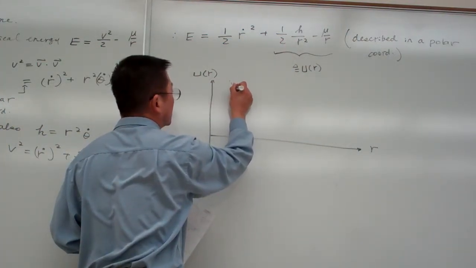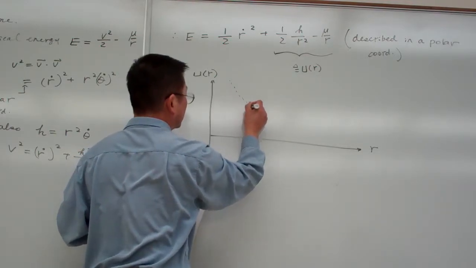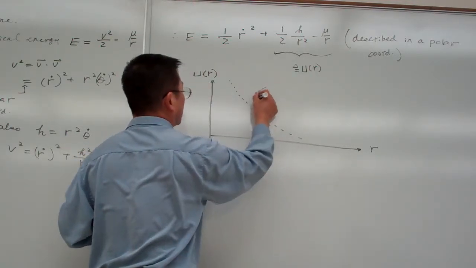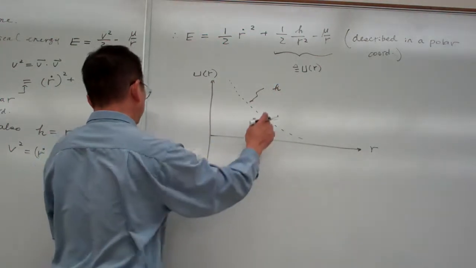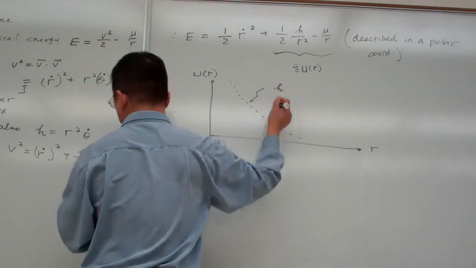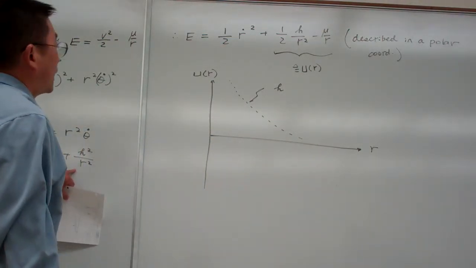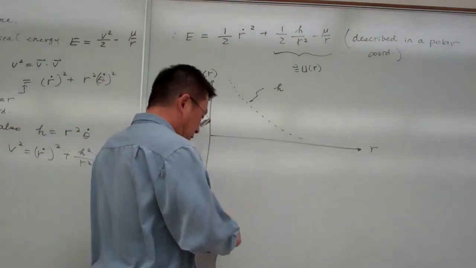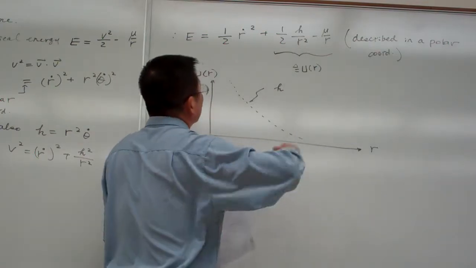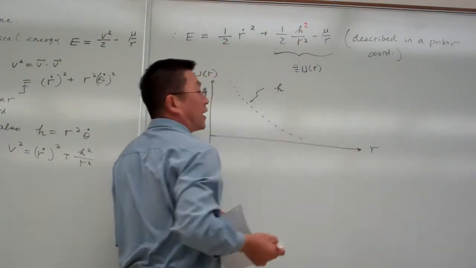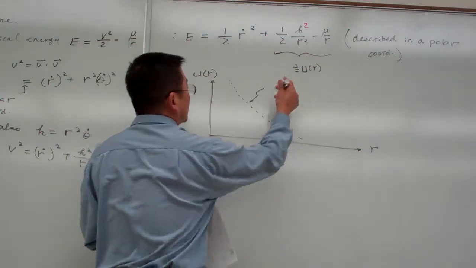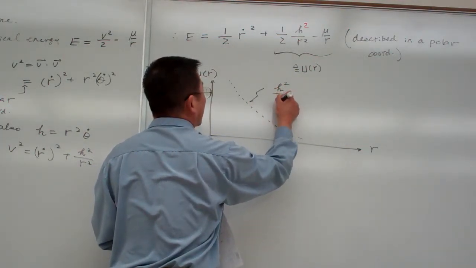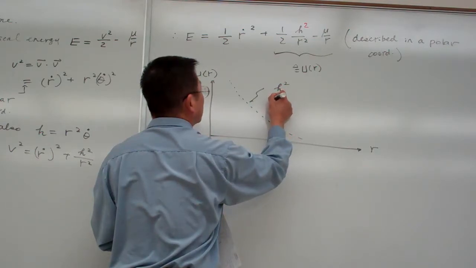That curve is something like this. So this curve is h, I mean, sorry, there's a typo. This should be squared. I forgot it. So that is h squared divided by r squared over 2.